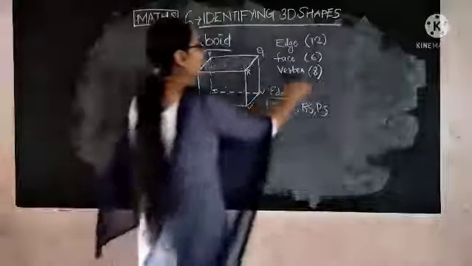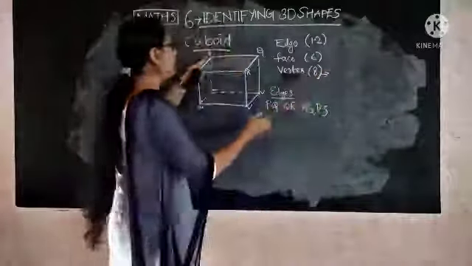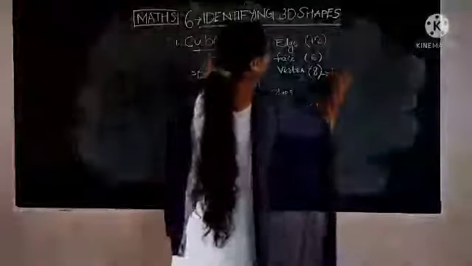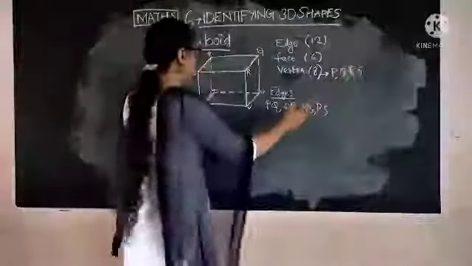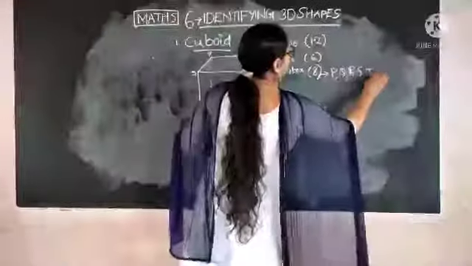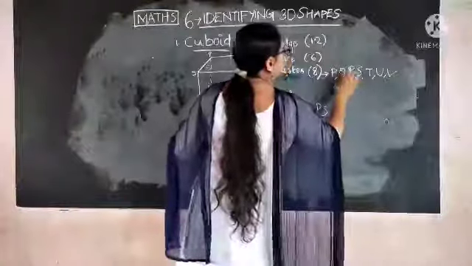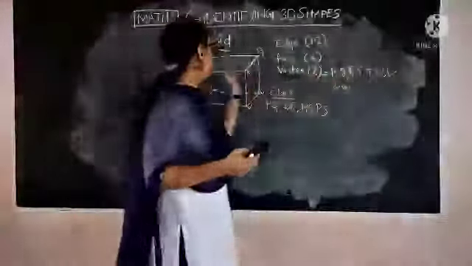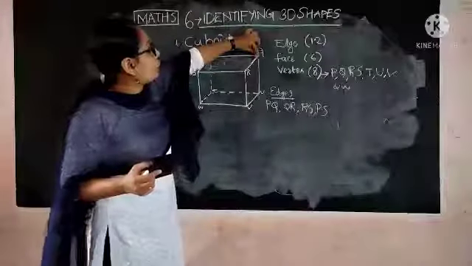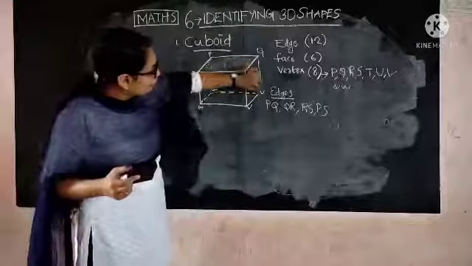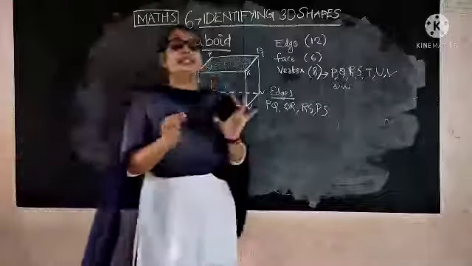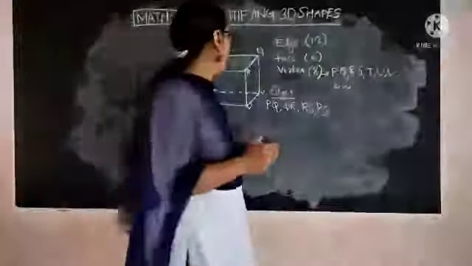In this figure, the 8 vertices are P, Q, R, S, T, U, V, W. These are all about the cuboid.